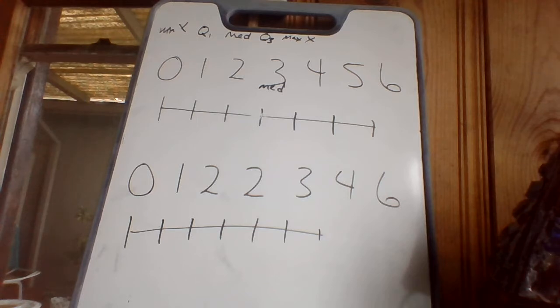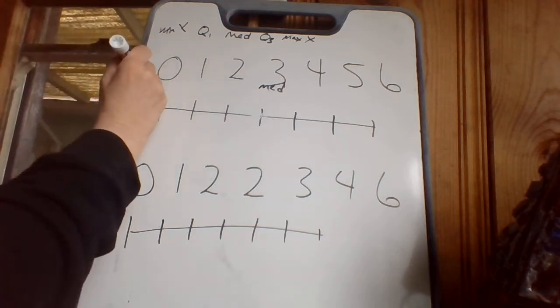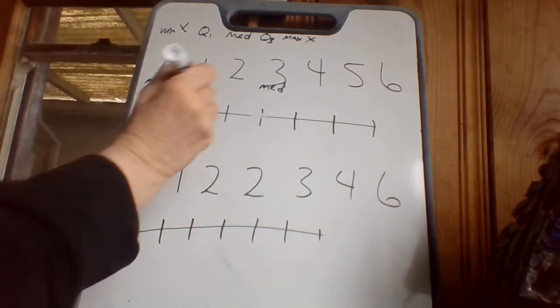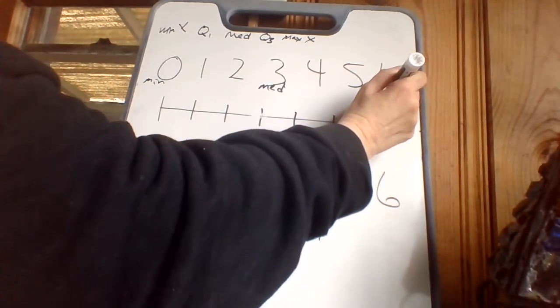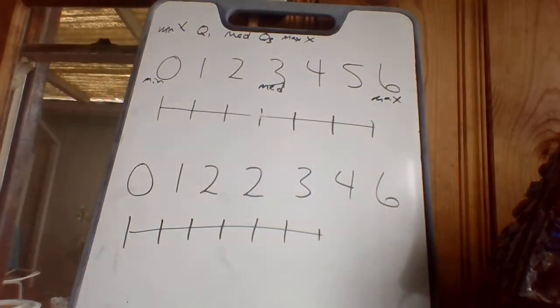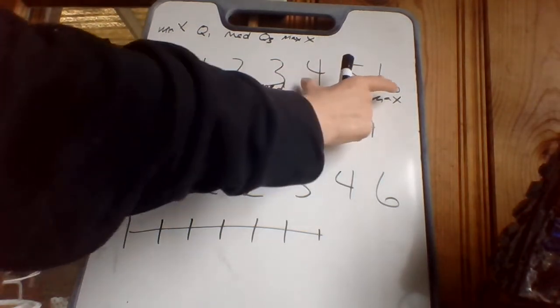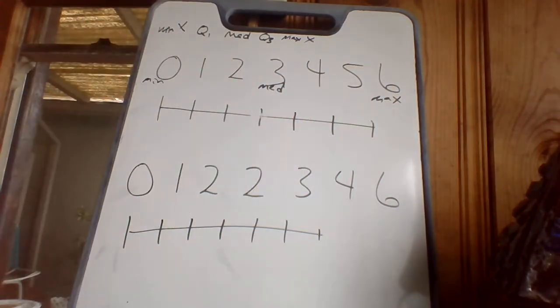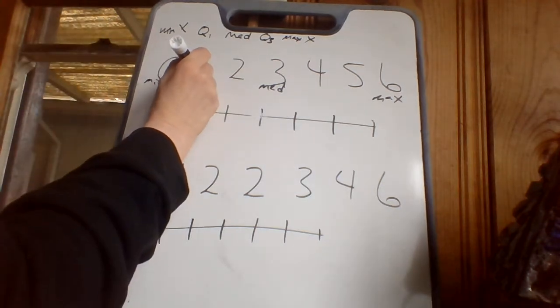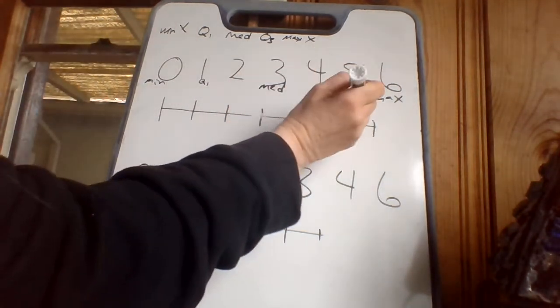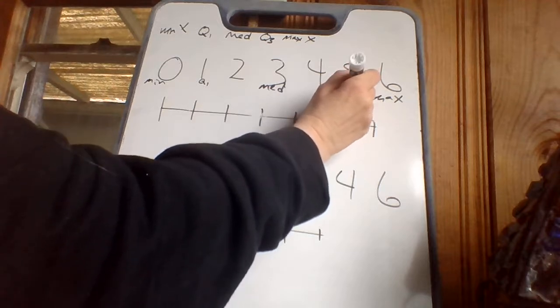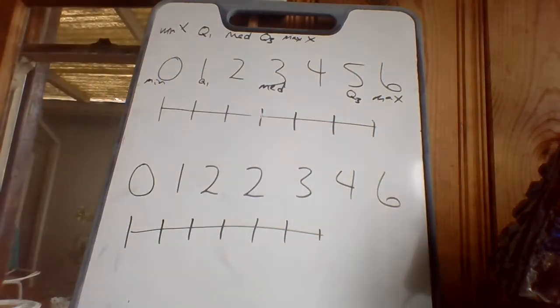The min has got to be the smallest one, and the max is the largest one. Then Q1 and Q3 are halfway between. So if I've got 3 over here and 3 over here, then Q1 is going to be here, and Q3 is going to be there.